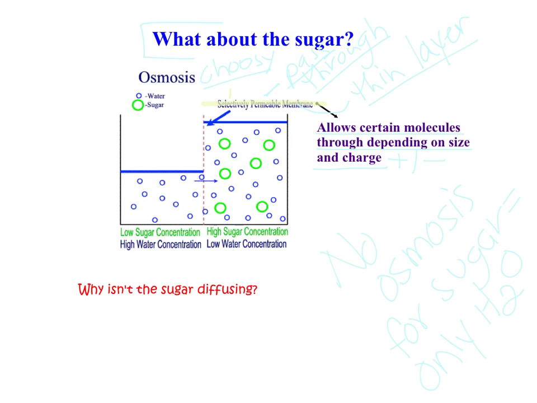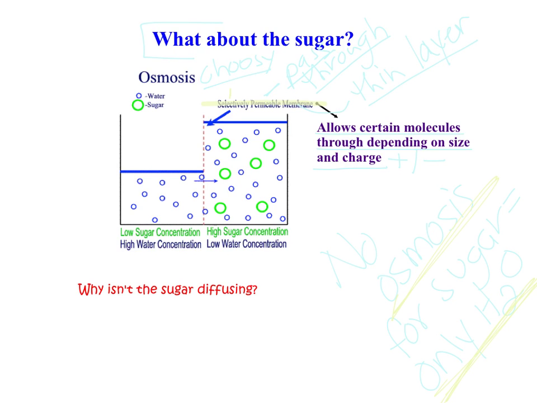So even if we were to accidentally say, yes, the sugar is doing osmosis, you definitely should know in your mind that's absolutely not possible because osmosis is only water. Drill it in your head. Make sure you write it on your paper. Osmosis is only when water diffuses.